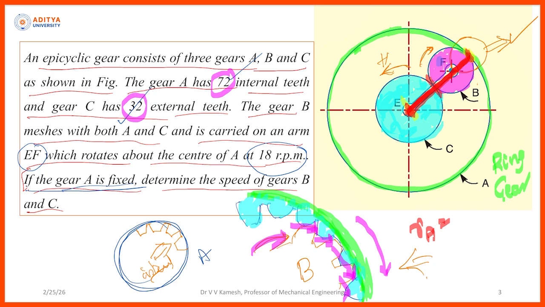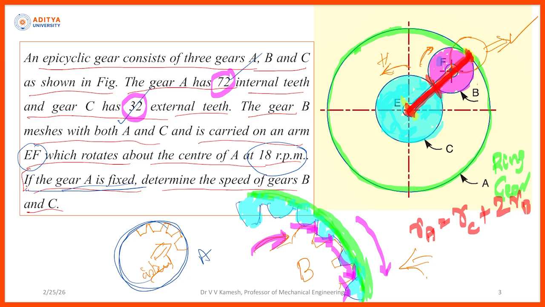Now what is this? RC. RC plus. What is this point to this point? 2 times radius of B. So this part is 2 times radius of B, or the diameter of B. So 2 RB I can write. RA is equal to RC plus 2 RB.